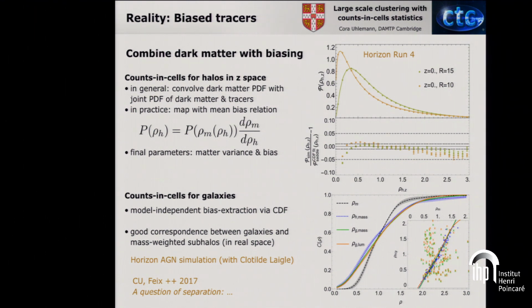And while this is the dark matter here, so the grayish line, the black dashed in between, the halos are the blue line, and the galaxies are the orange line here. And you can see that luminosity-weighted galaxies are actually very, very close to mass-weighted halos. Hence, we would expect that our bias parameterization maybe even works for galaxies.